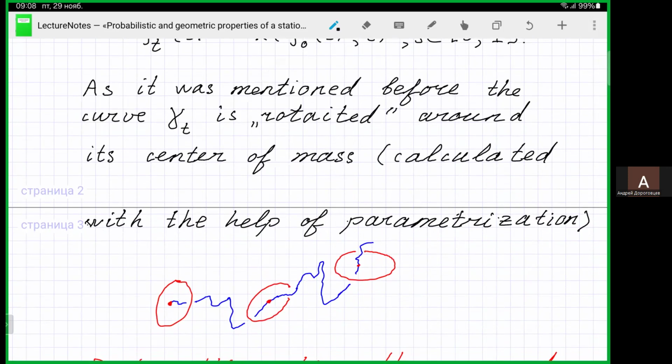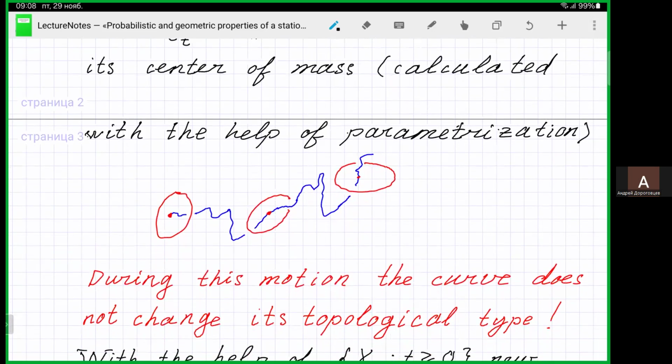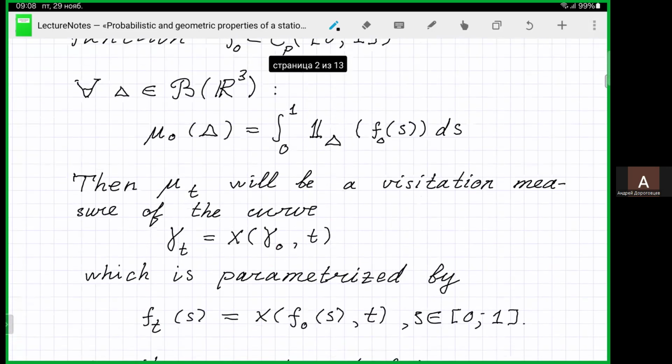What is important? During this motion, the curve does not change its topological type. It's evident. Why? Let us come back and see.